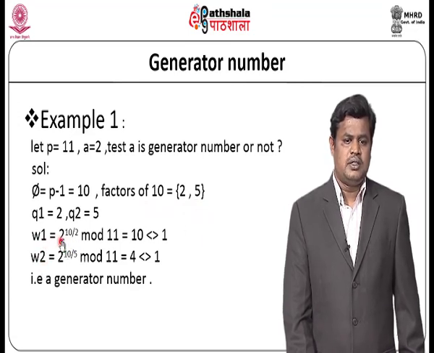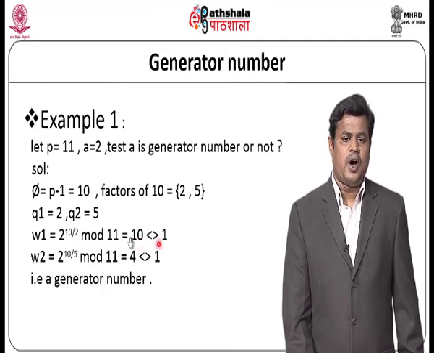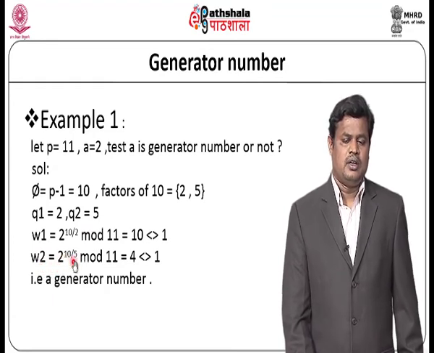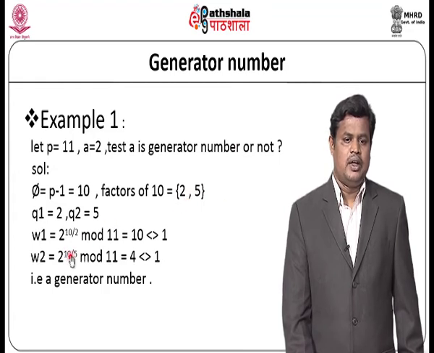So w1 is a power phi divided by q1, that is 2 to the power 5 mod 11. Now I am getting 10, which is not equal to 1. Similarly, I do it for the q2 value, that is w2 is equal to a power phi divided by q2, which is 2 to the power 2. Now I get the value mod 11 is equal to 4, which is also not equal to 1.